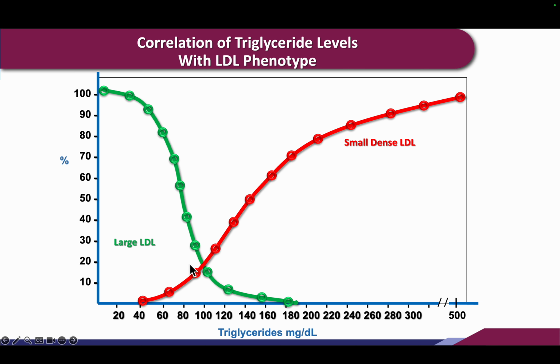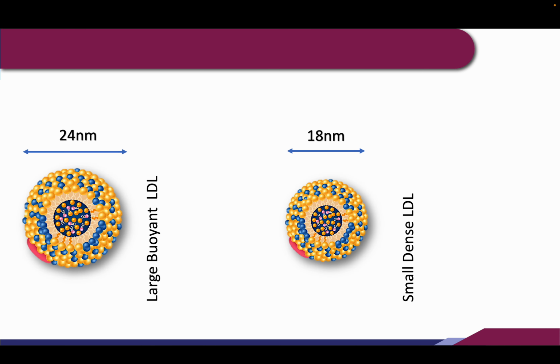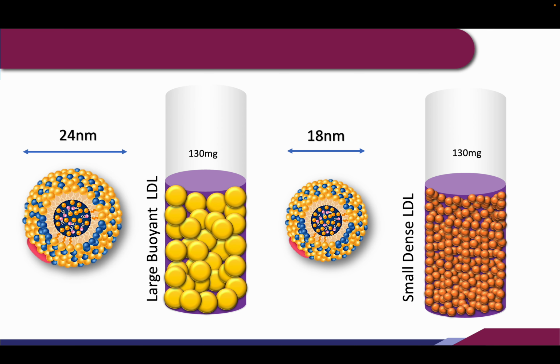Now, small LDL is bad. So, the higher the triglycerides, the higher the percentage of small dense LDL. There are triglyceride levels where most of the LDL becomes small dense LDL. So, let's say these are the particles of LDL.